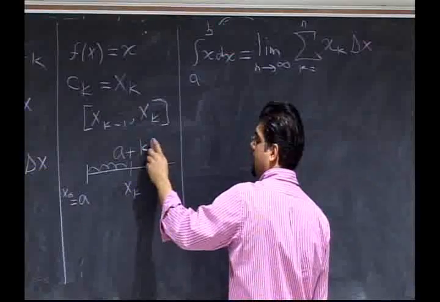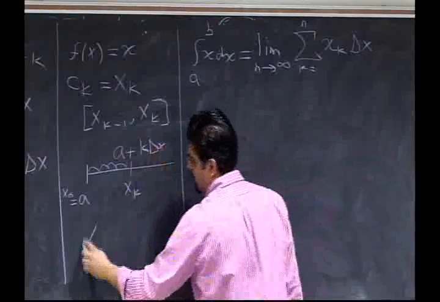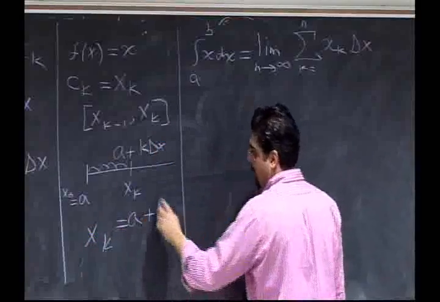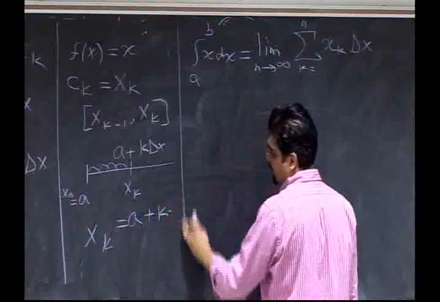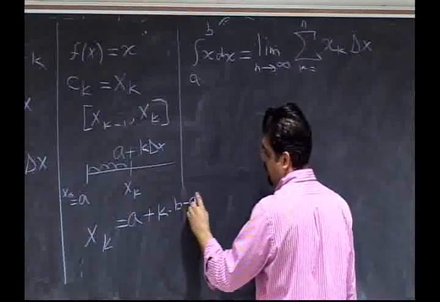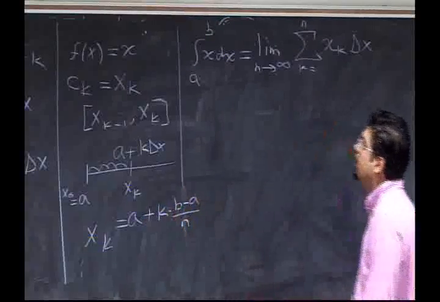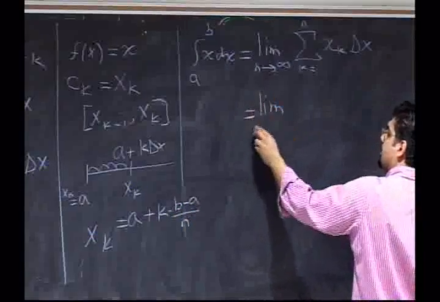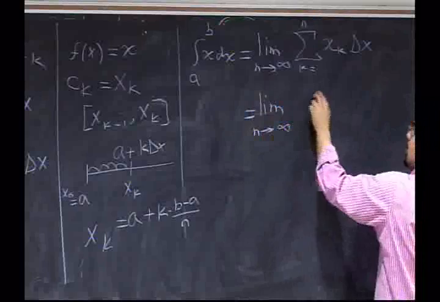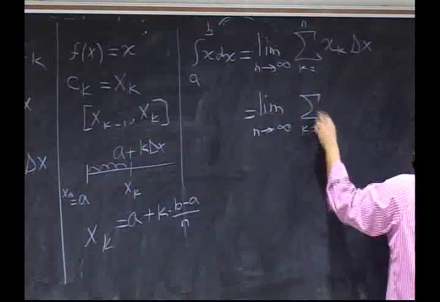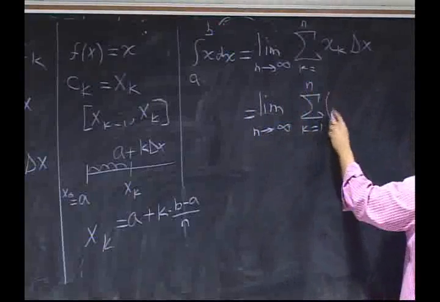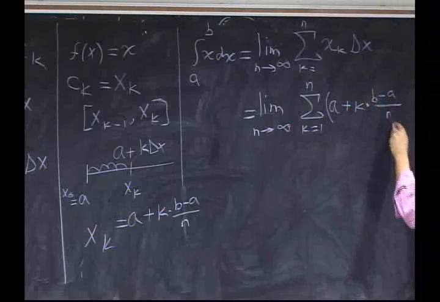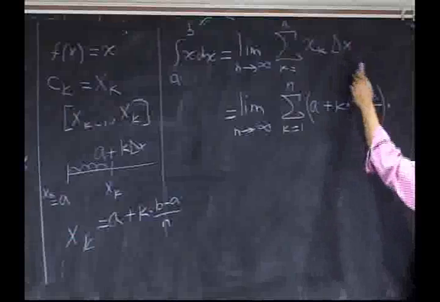So x sub k is just a plus k times delta x, which is (b minus a) over n. So let's write that down.